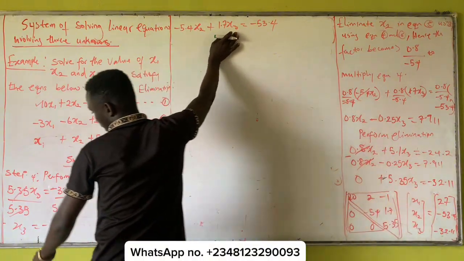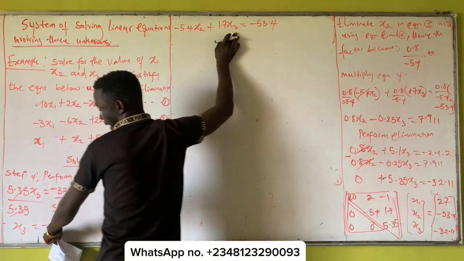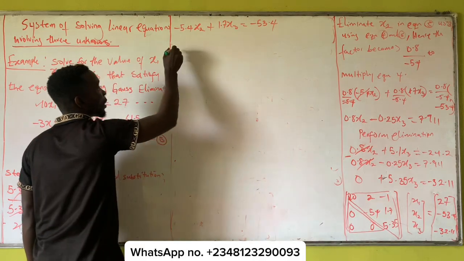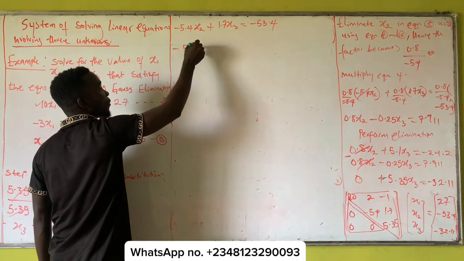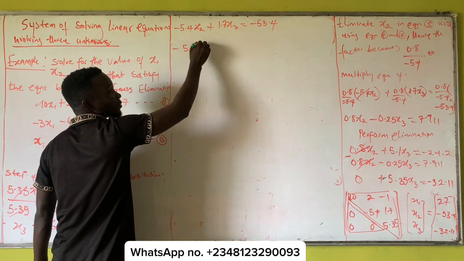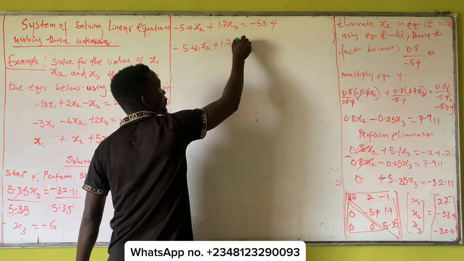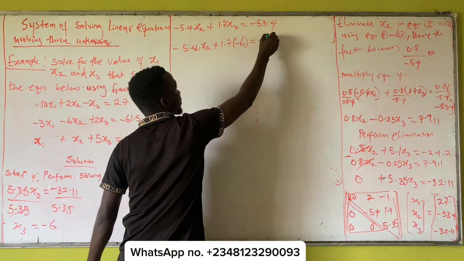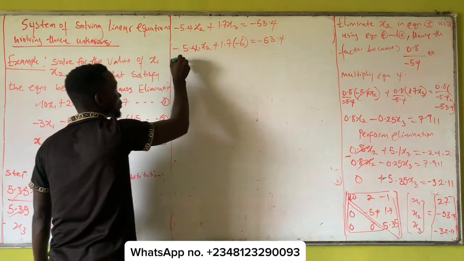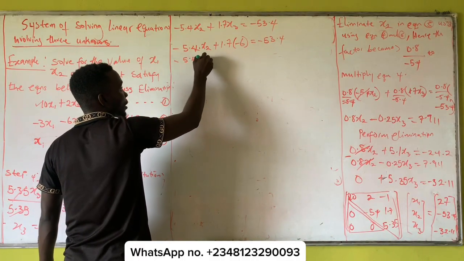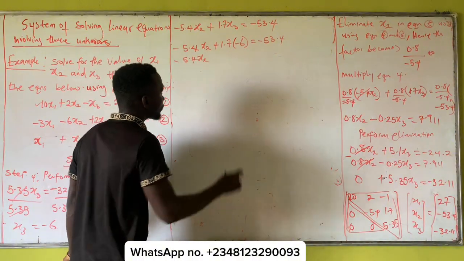So in place of x3 here, substitute minus 6. To substitute minus 6, we are going to have minus 5.4 x2 plus 1.7 into minus 6 is equal to minus 53.4. So this will give us minus 5.4 x2.